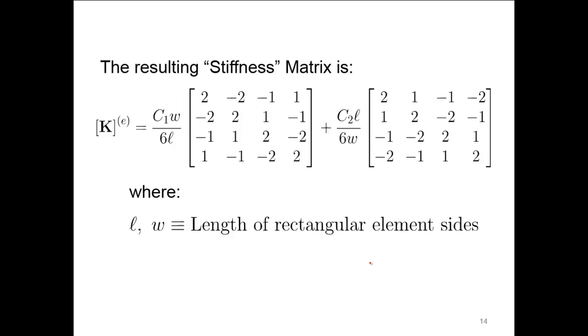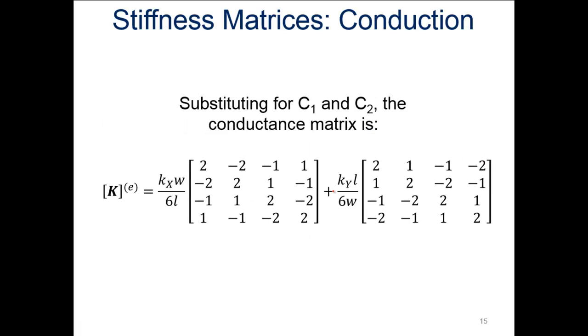All right, so the resulting stiffness matrix that we come up with as a result of doing the Galerkin approach is this. So the overall stiffness matrix for conduction is that C1 value that we had times the width over 6L, and then you can see the values there in the matrix. Then C2 times L over 6W with all those values there. So we've got the length and the width of our rectangular element on its sides.